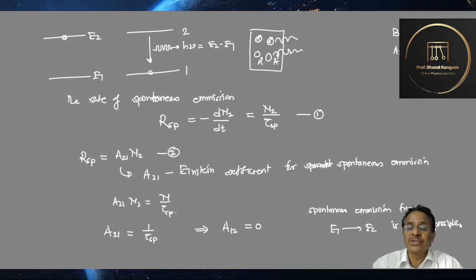It is always equal to 0. So this A21 is non-zero, but A12 is taken to be 0 because of this particular possibility.